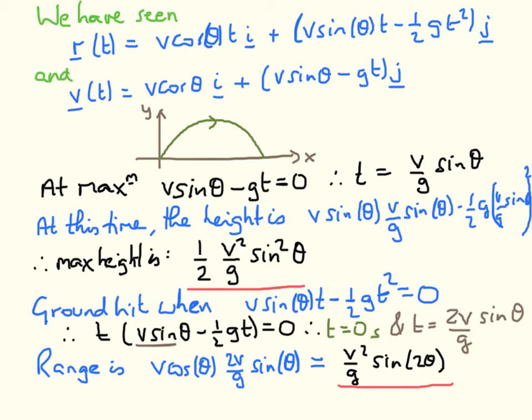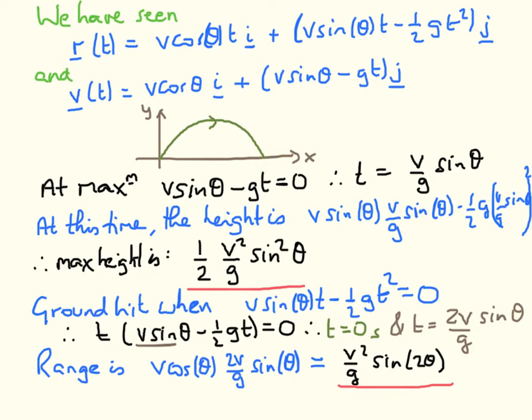So on this slide we've used our solution for the position vector of our trajectory and the velocity vector that our particle follows, and we've worked out what the maximum height was by identifying the maximum height as being given by the time when this component of the velocity is 0, and we've worked out the range, what this distance is, by identifying that as corresponding to the time when the vertical component of the position vanishes, and we substitute that time into here to find the range.